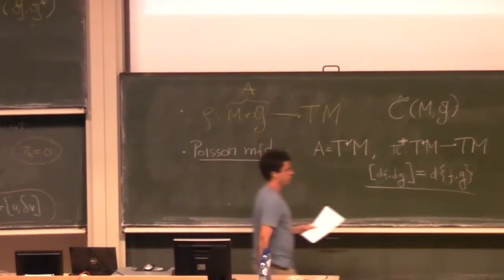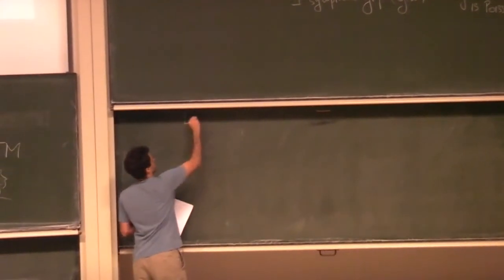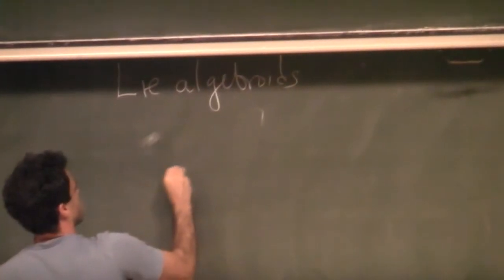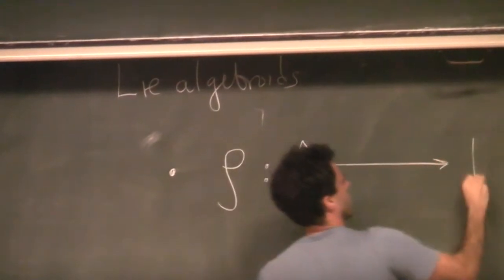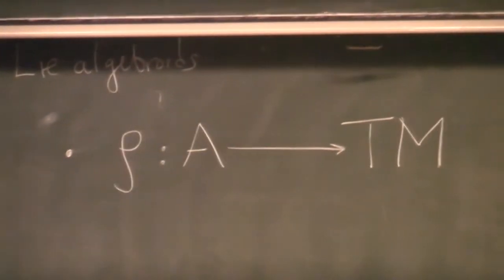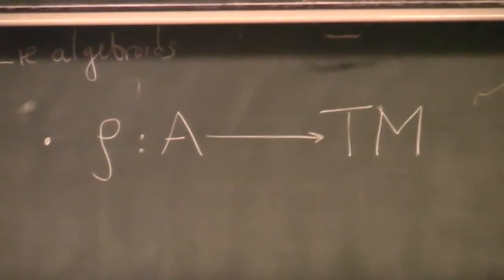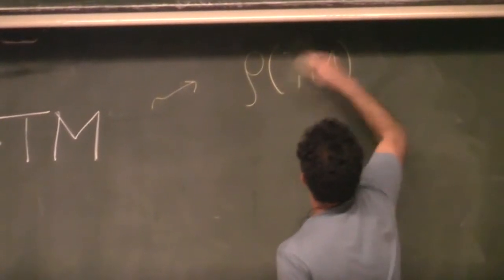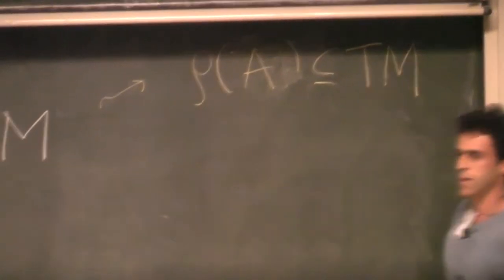So there's something general about Lie algebroids that maybe I should mention. A general property is that if you take this anchor map, there are two things you could look at. First, you could look at the image of the anchor map in TM.